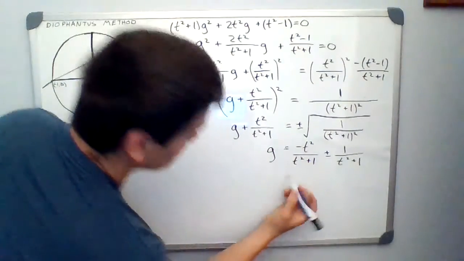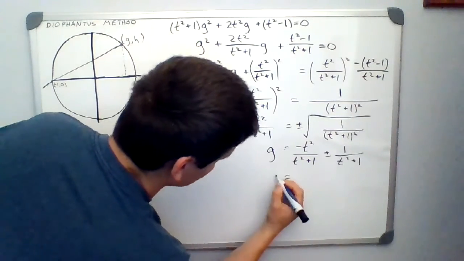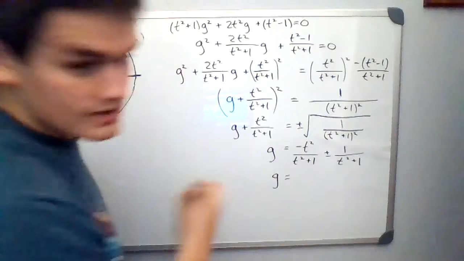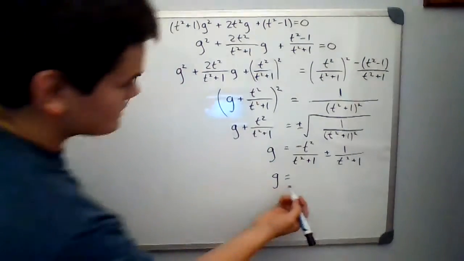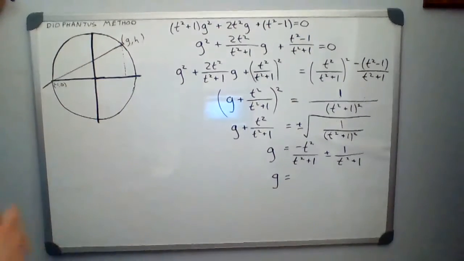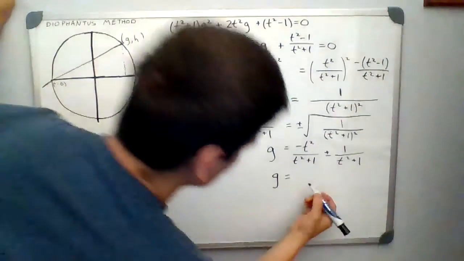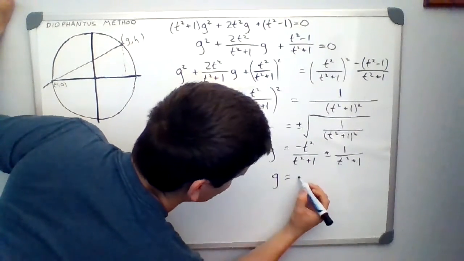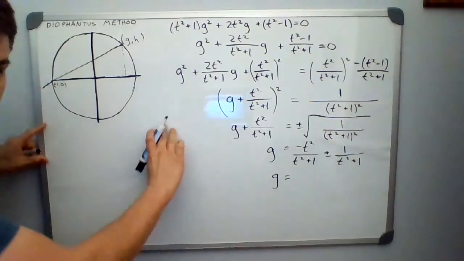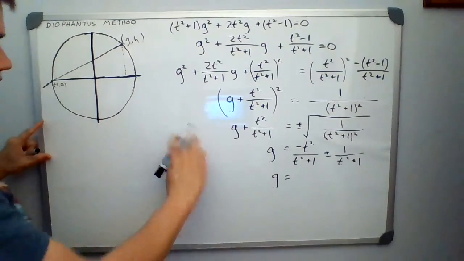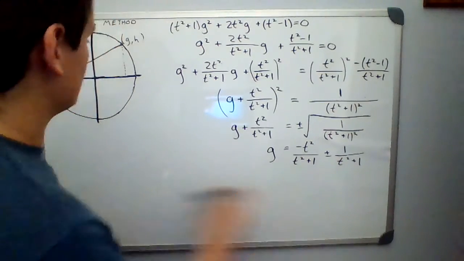Okay, so from here, these have the same denominator, so we can just combine them. So g has two cases actually. I'm just going to write the two cases of g right here.